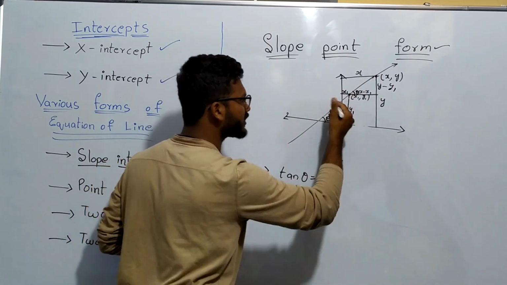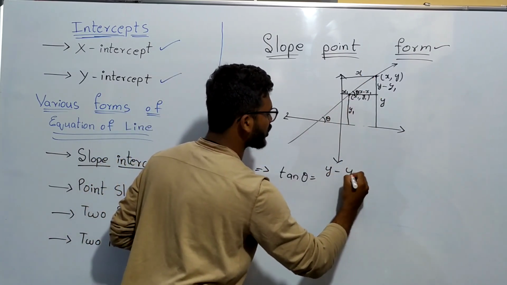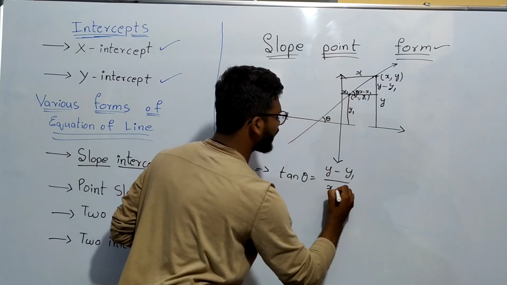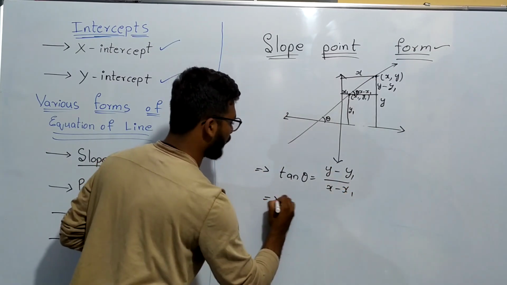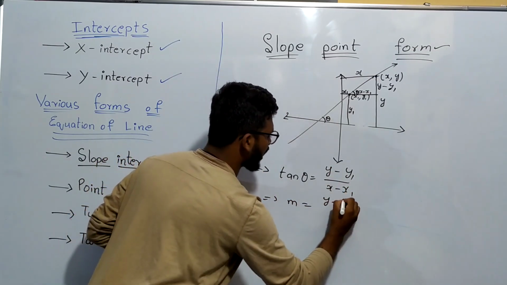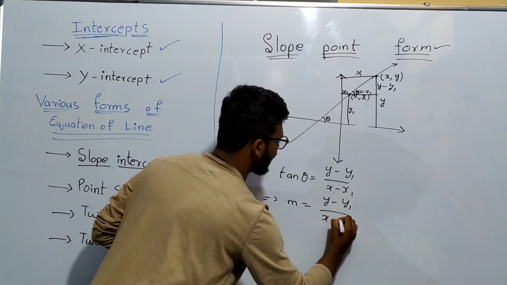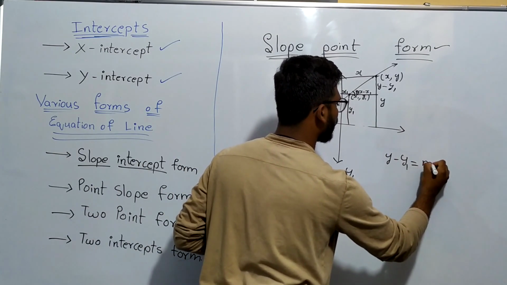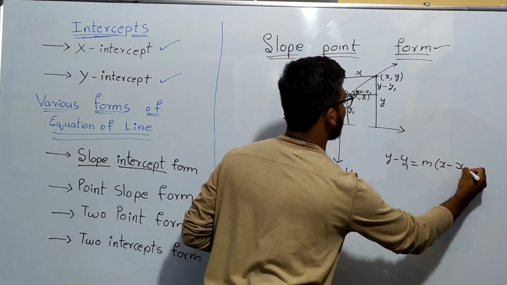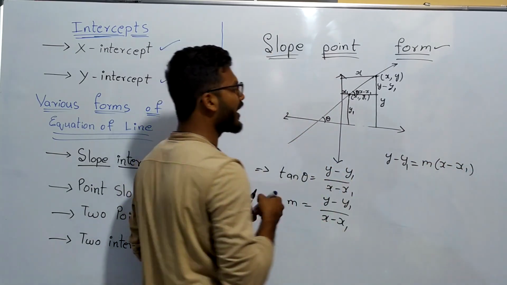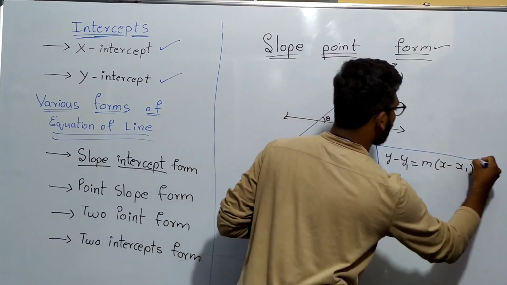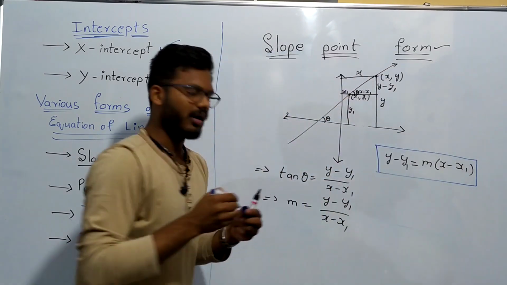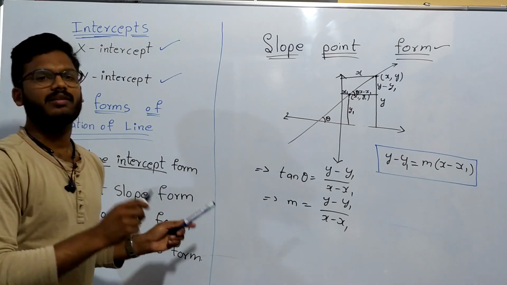Tan theta is equal to opposite side by adjacent side, y minus y1 by x minus x1, which is the adjacent side. So m is equal to y minus y1 by x minus x1. So y minus y1 equals m into x minus x1. This is the point slope form or slope point form of the equation of a line.